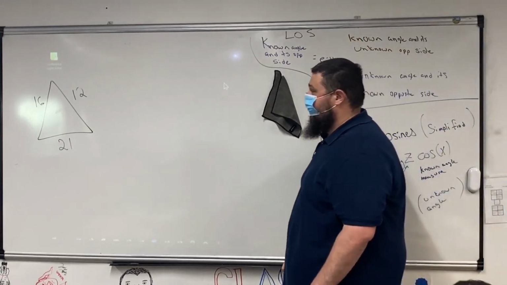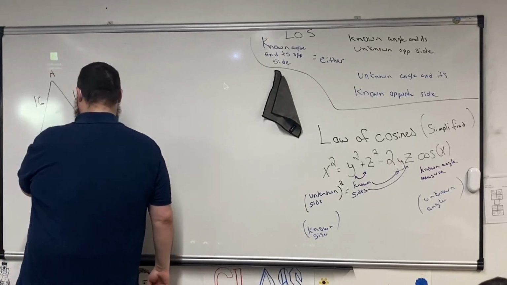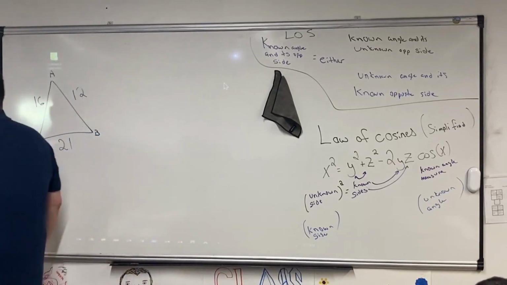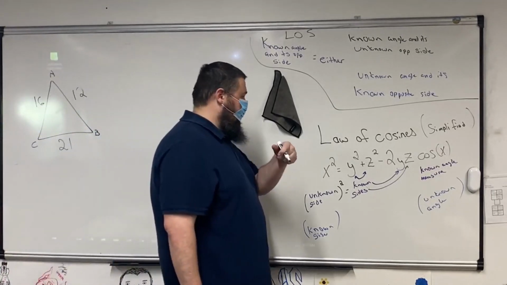Alright, so. Oh, I didn't do one very, very important thing. Alright. We have side, side, side here, right? Is the law of cosine side, side, side appropriate? Sam, do we use side, side, side for all cosines? Oh, yeah. Yes. Good.